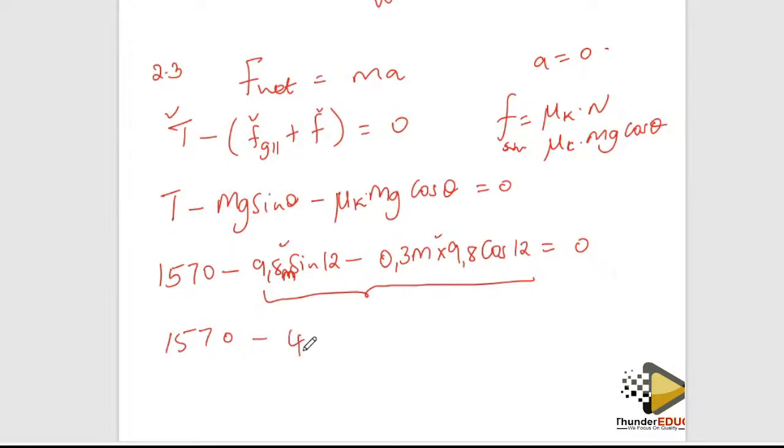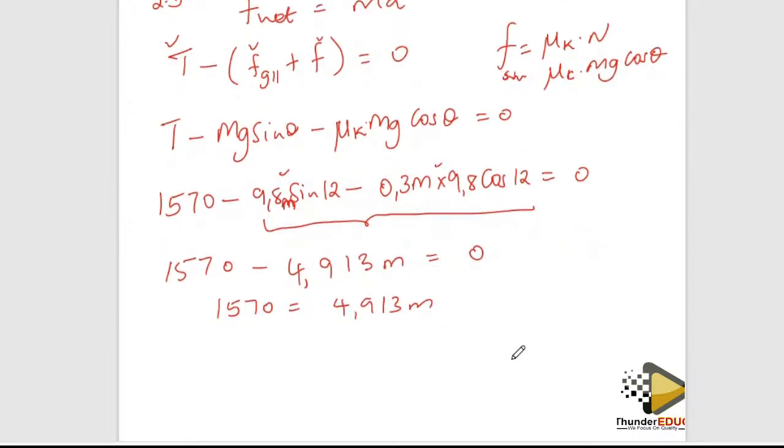Okay, 4.913 m is equal to 0. Then I'm going to move this to that side. So 1570 is equal to 4.913 m, times the mass. Then I'll divide both sides by 4.913. So this cancels that.